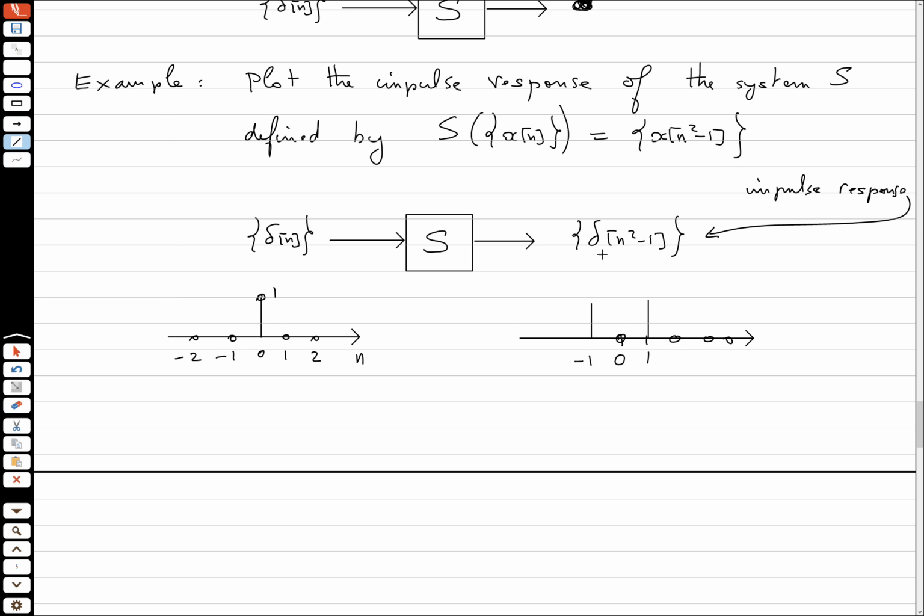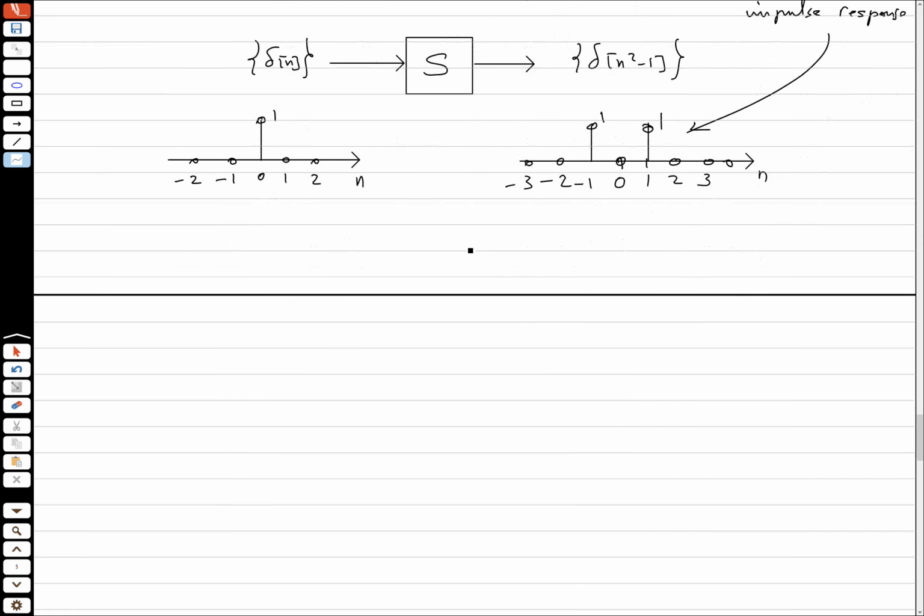You know, this sequence is going to be even because when you put a minus sign to n, it gets cancelled. Plus or minus n give the same result. So you're going to get always an even sequence. All right, so the impulse response is this sequence.